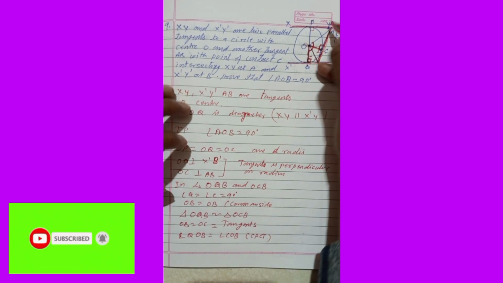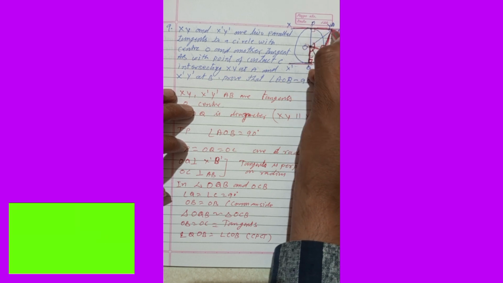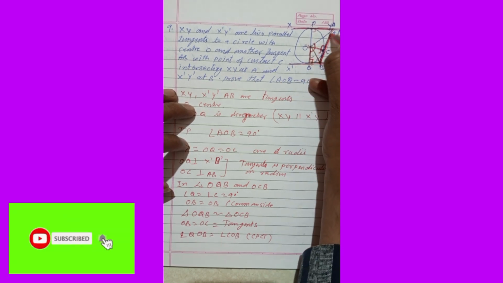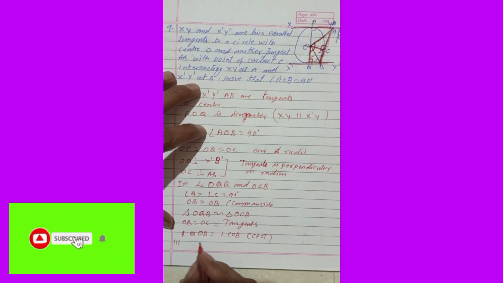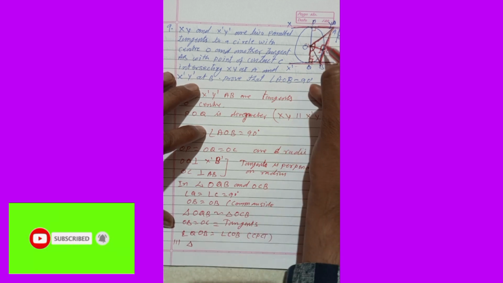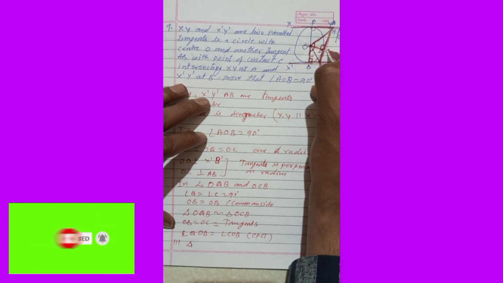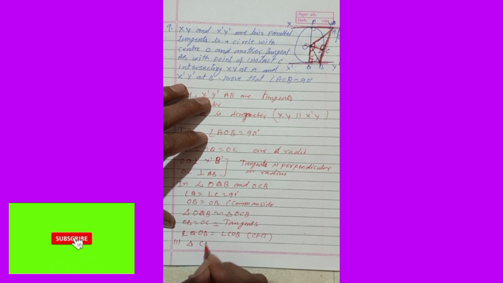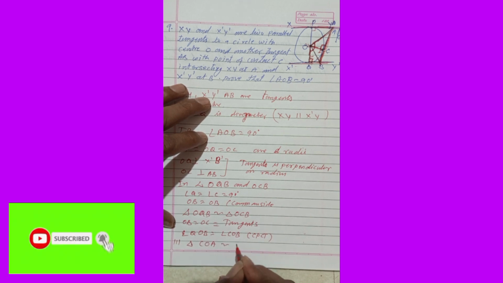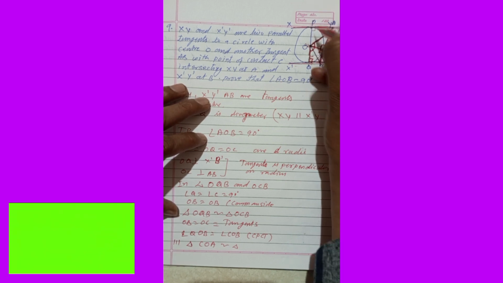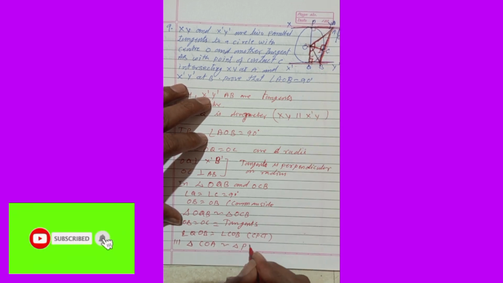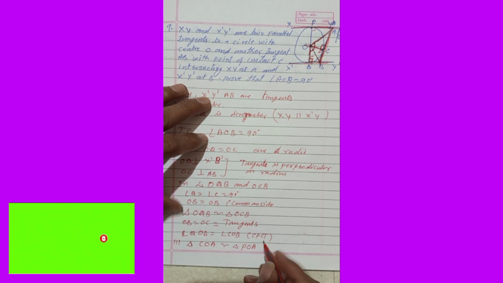Similarly, on this side also there is a triangle, triangle COA similar to triangle POA. Why? Because of the criterion already used.